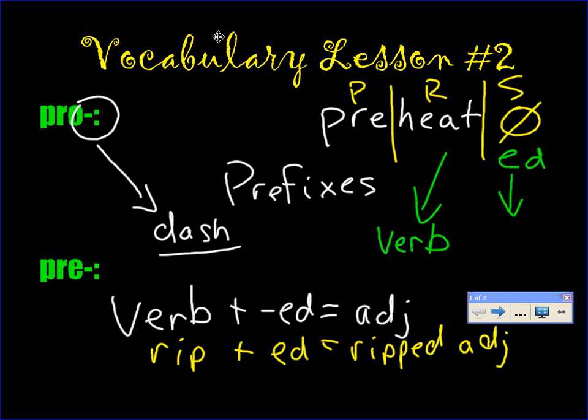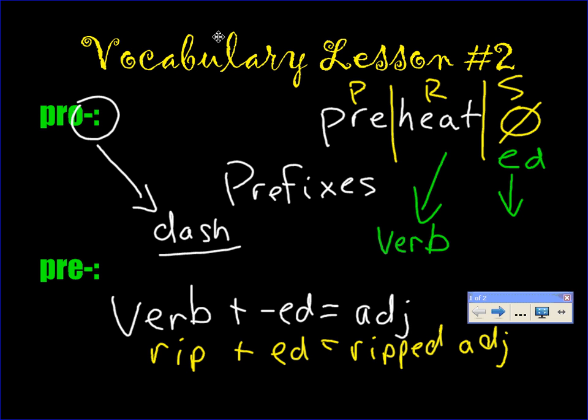It's explained in the vocab skills, and you can do that with pretty much all verbs. There's one caution, though. Not all verbs are regular. Not all verbs take an ed. For instance, let's say the verb break. Daniel, what's the past participle of break? It's not breaked. I'm sorry? Broke or broken.